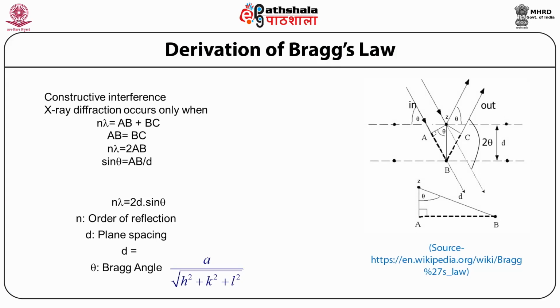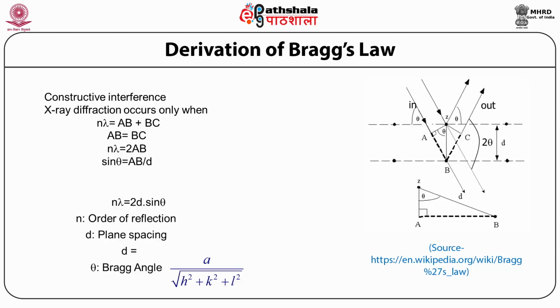Now, the derivation of Bragg's law. Bragg's law is an important law in X-ray diffraction. This law can easily be derived by considering the condition necessary to make the phases of the beams coincide when the incident angle equals the reflecting angle. The rays of the incident beam are always in phase and parallel up to the point at which the top beam strikes the top layer at atom Z, as shown in the figure.